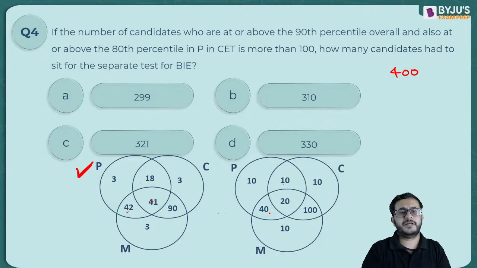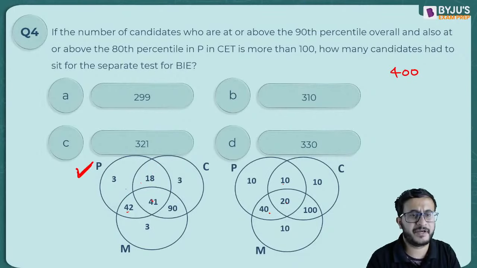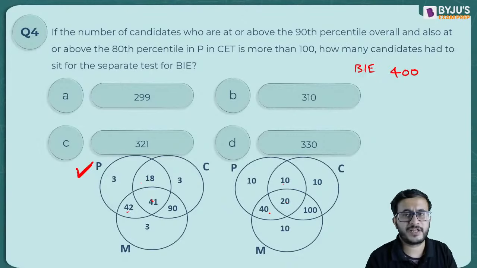Okay, and how many of them will be qualified? So there are 400 candidates who are for BIE. Okay, and out of these, how many have cleared AIE? So these many will have cleared AIE because they are clearing two sectionals. Okay, so that is 101.